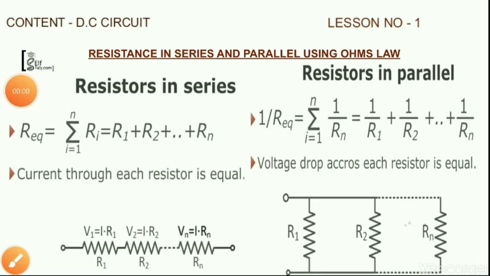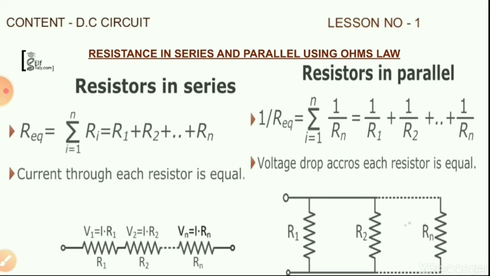Now let's discuss resistance in series and parallel using Ohm's law. First is resistance in series. If any circuit consists of n number of resistors and the current through each resistor is equal, then we can say all these resistors are connected in series.